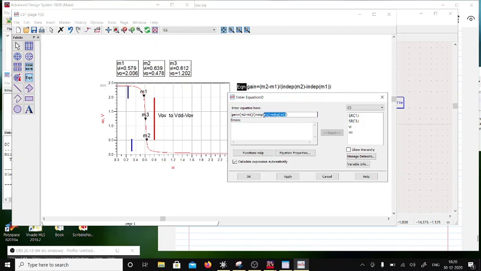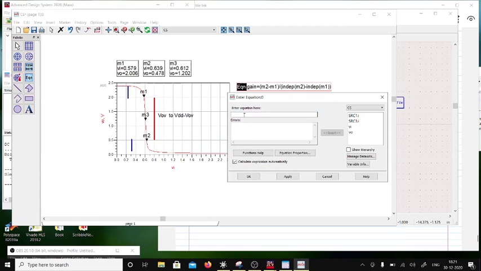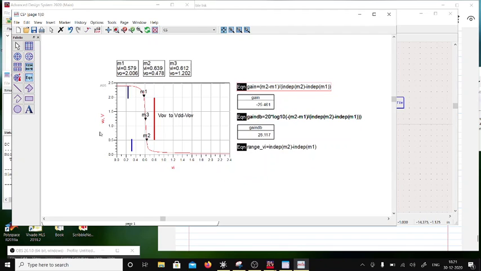So let me just take this value. Control C, and I would say equation. I'll call this range Vi will be equal to this, correct? And let me put here range Vi.